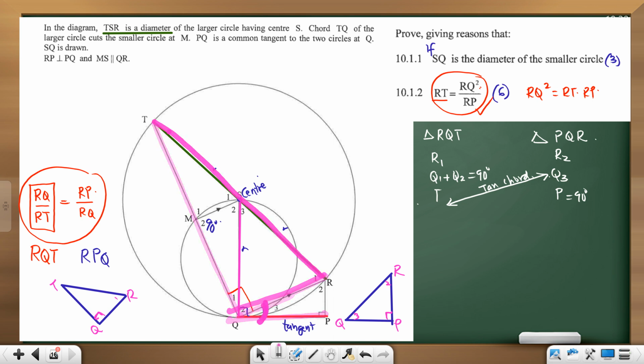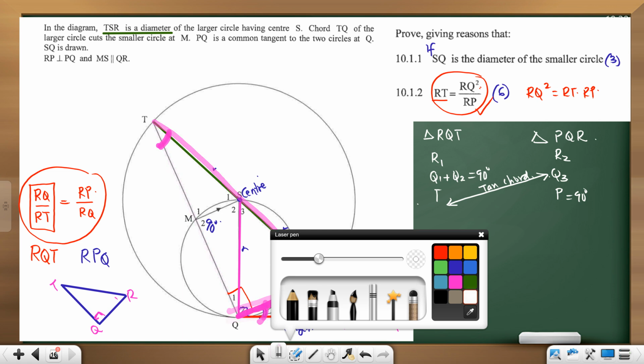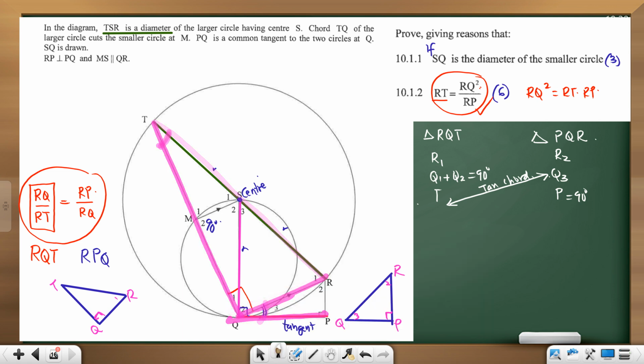But this angle, now I can reorder my angles. Now that I know that those angles are equal, check what I'm going to do. I am now going to order them. Angle T is equal to angle Q3, tan chord.